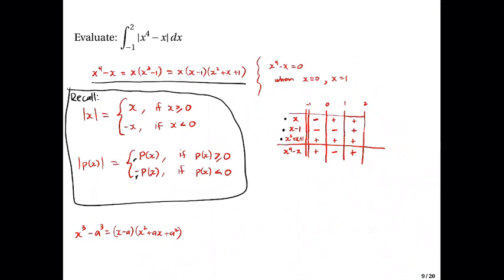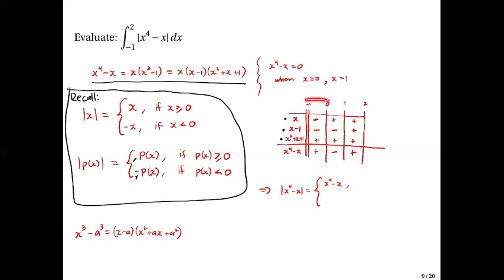So what does this mean? This means the absolute value of x to the 4 minus x, this is what? You can just copy x to the 4 minus x if that expression is positive. That expression is positive for this and this.